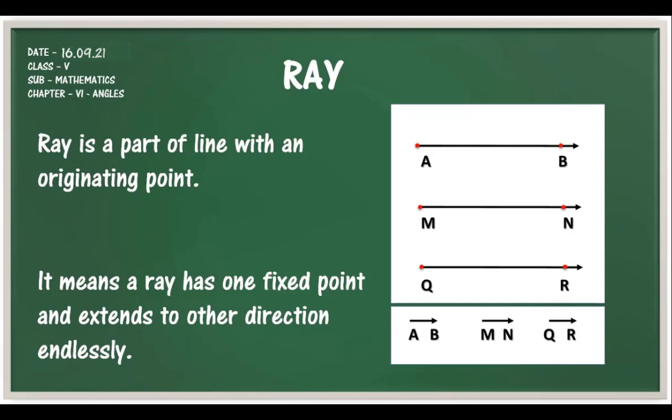In the same manner, we write the rays MN and QR as well. The ray can be represented or named as AB, MN, QR with a small ray just above it.